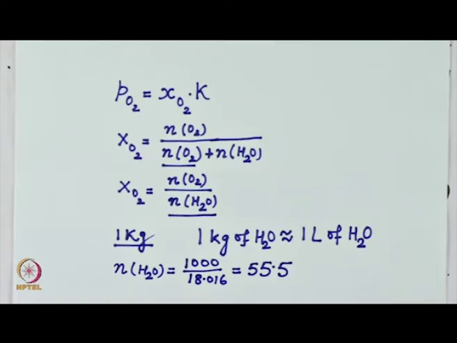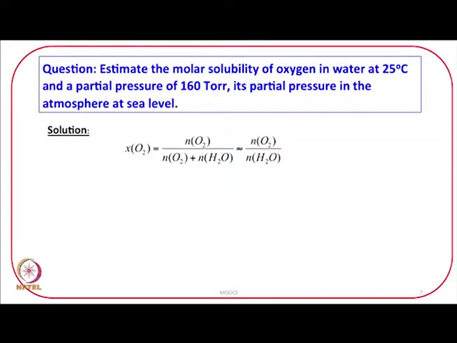With this information, I can solve the question. The mole fraction of oxygen will be approximately the number of moles of oxygen divided by the number of moles of water. And if I consider 1 kg, we just discussed that I can use 55.5 for this.